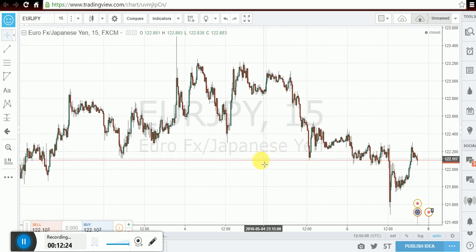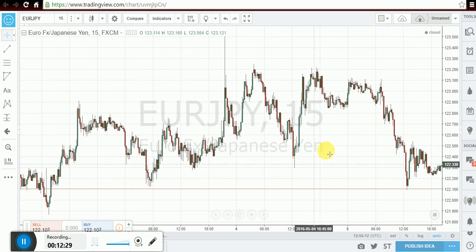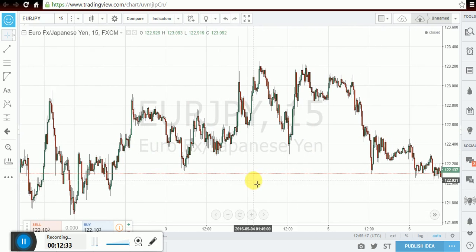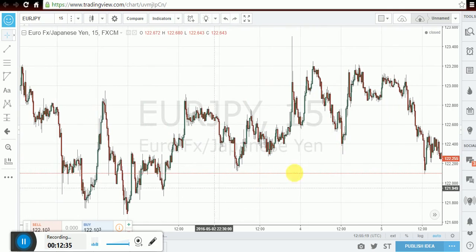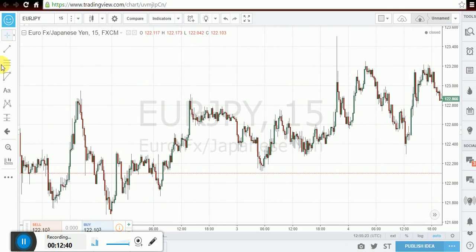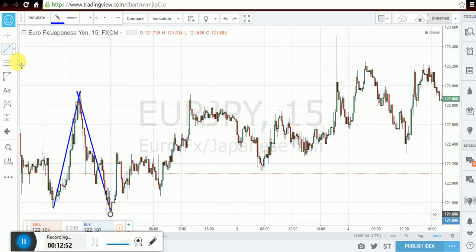So looking at the Euro Yen right now, I'm switching this to the 15-minute chart, because what I can see is a lot of junk on the 15-minute chart, some randomness here. So we're going to apply the same process that we just finished applying to the pound dollar. So let's go ahead and draw our highs and lows. Highs and lows. Got a retracement here.